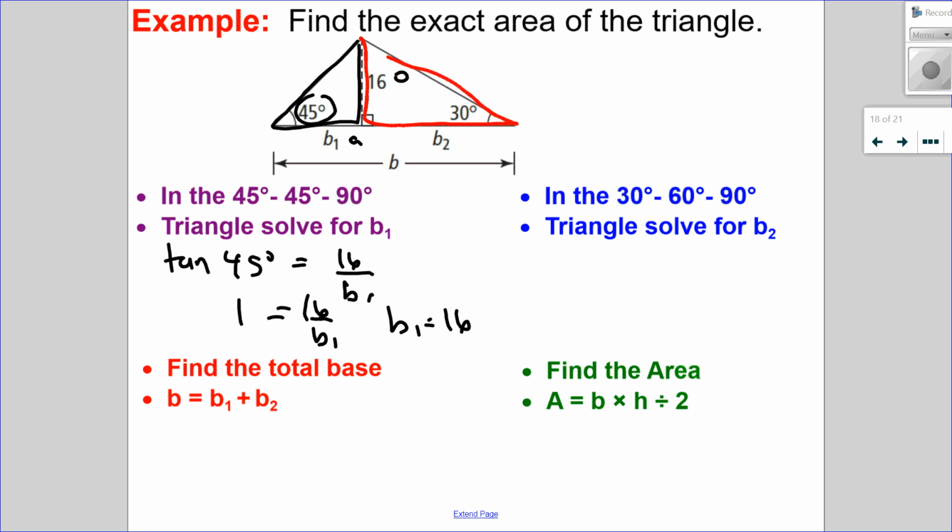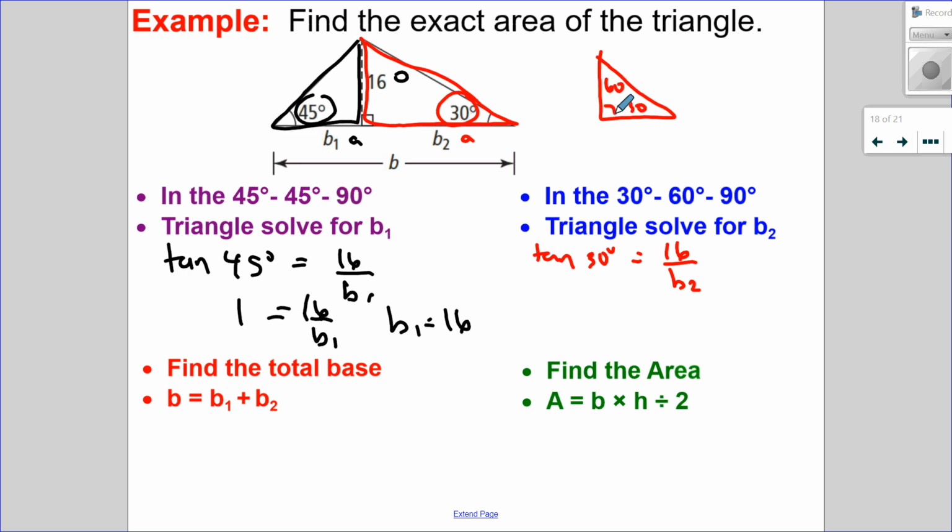Now, let's go to our other triangle, the 30, 60, 90 triangle, and I want to solve for base 2. So in this case here, I have an angle, I have an opposite, and again an adjacent, which is tangent. So let's write that out. So tangent of 30 degrees is equal to opposite 16 over adjacent, which is base 2. Now, tangent of 30 degrees, I can go to my 30, 60, 90 triangle, or use my hand trick, like this.